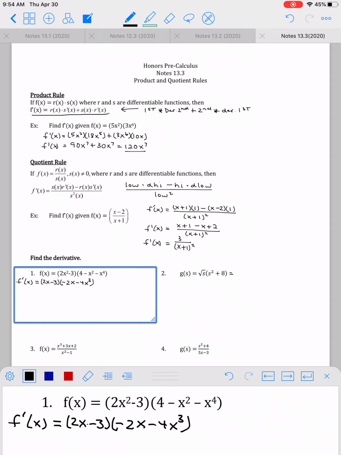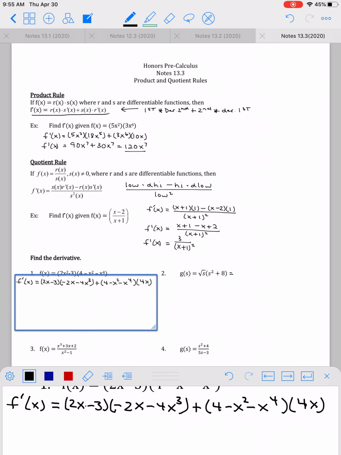Then we are going to add. We're going to take the second one, 4 minus x squared minus x to the fourth, and we're going to multiply it by the derivative of the first one, which is 4x. Okay, continuing the simplify process, our derivative.